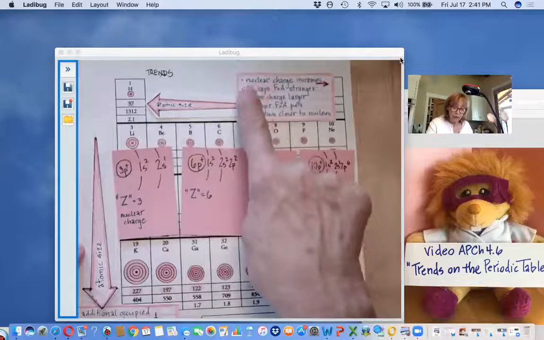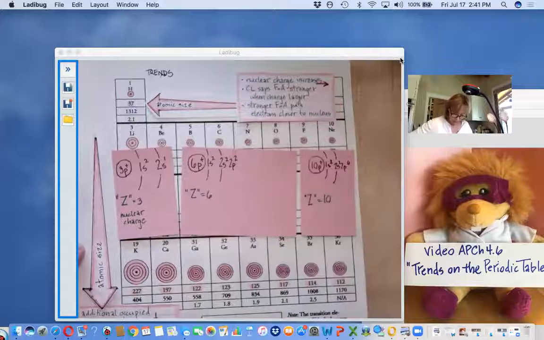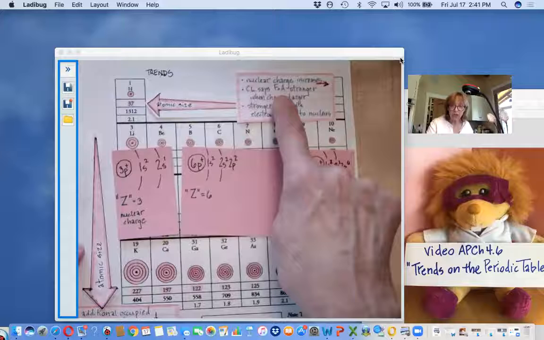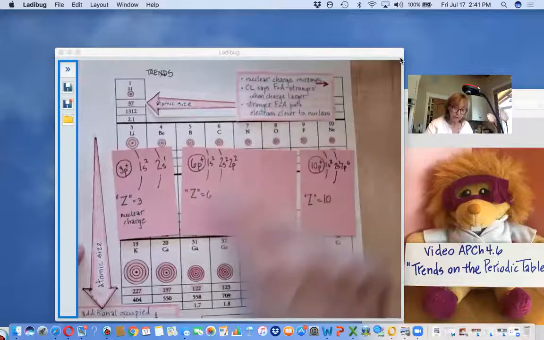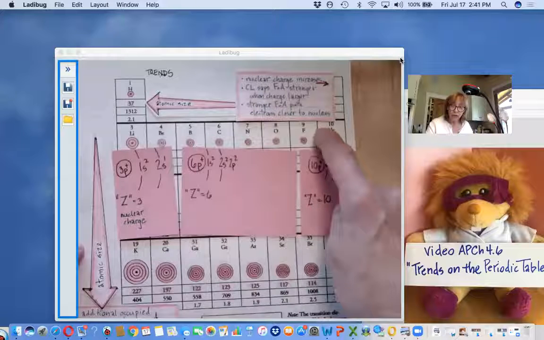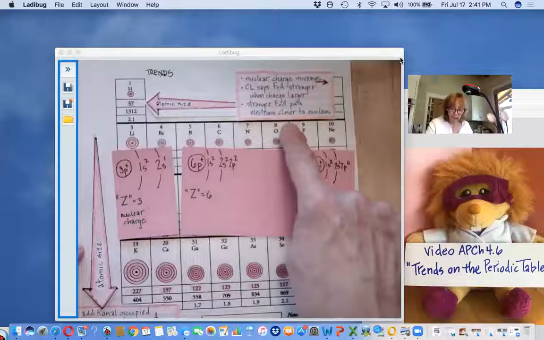As you move to the right within a period, nuclear charge increases. Coulomb's law says that force of attraction is stronger when charge is larger. So because of stronger force of attraction over here to the right, the electrons are pulled closer to the nucleus.